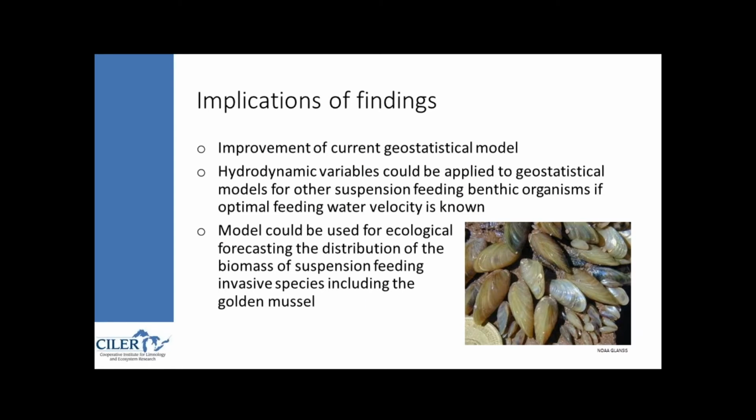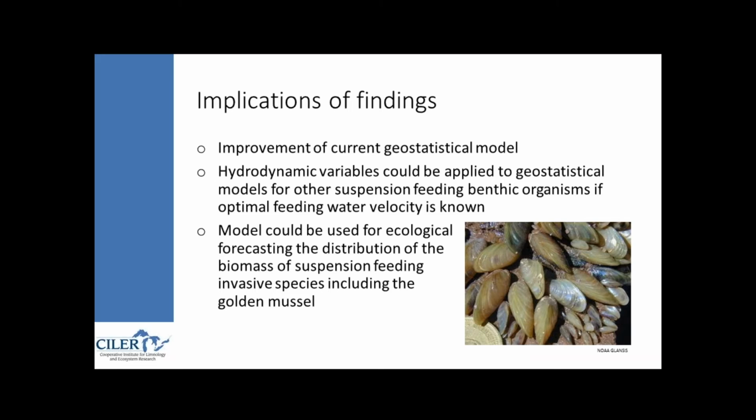So some implications of these findings: if we really are onto something here and adding this hydrodynamic variable to the model does lead to model improvements, this will be great. We'll be able to better predict mussel biomass at unknown locations. Furthermore, we'll be able to apply this model to predicting the distribution of biomass of other suspension-feeding benthic organisms, if their optimal feeding water velocity is known.